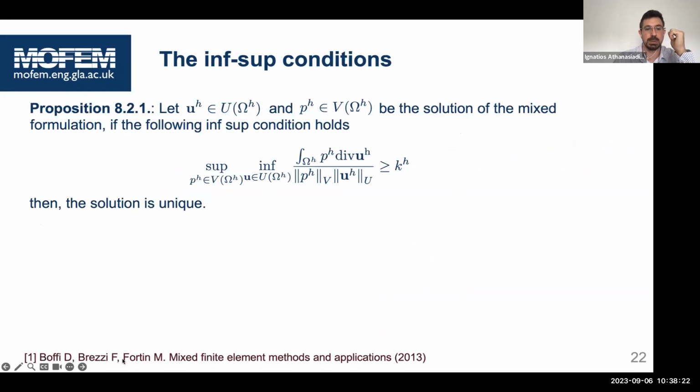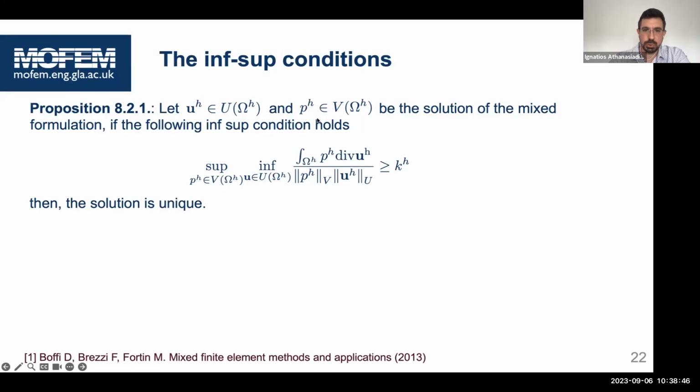and Fortin book that involves the inf-sup conditions. And here I'm just showing a general case for the mixed problem that we are taking into account. U is a general displacement in a general U space. The solution is sought on this space, and P is sought on the V space. At the moment, it's just general.